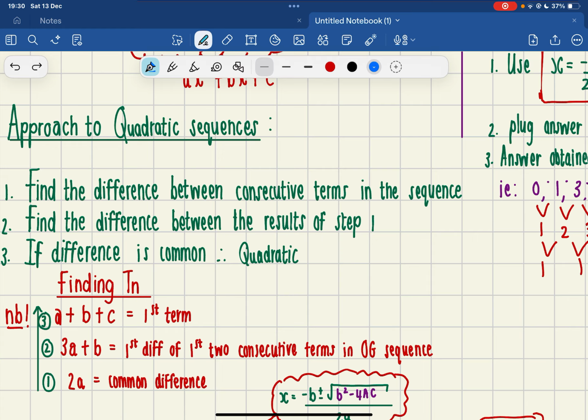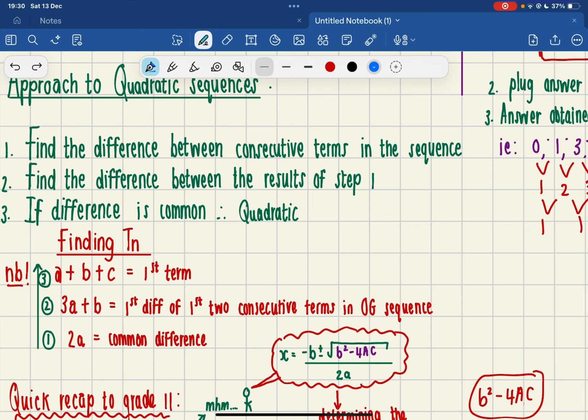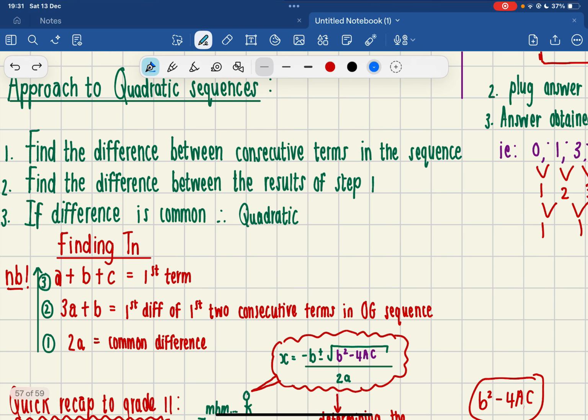First step, 2a is equal to the common difference, then solve for a. The second step, 3a plus b is equal to the first difference of the first 2 consecutive terms, and we would solve for b because we'd already have a from step 1.